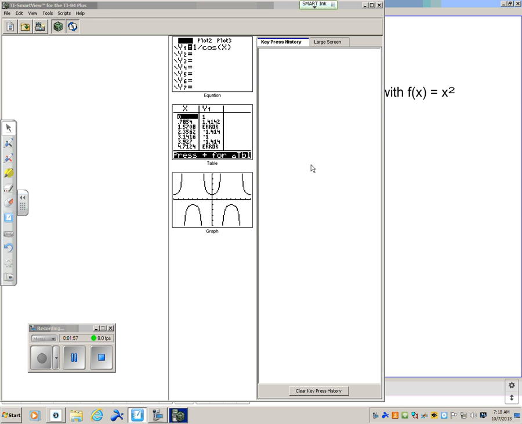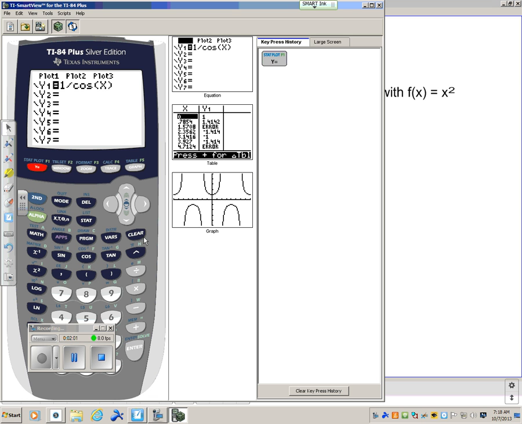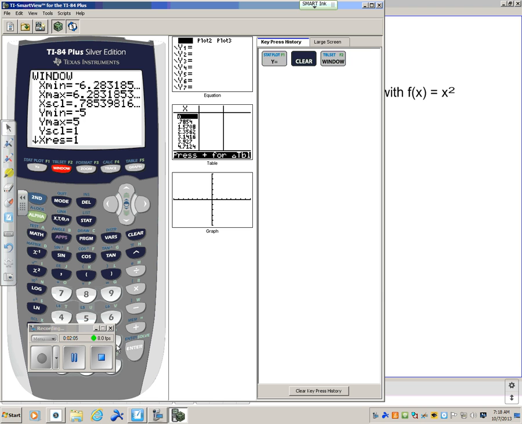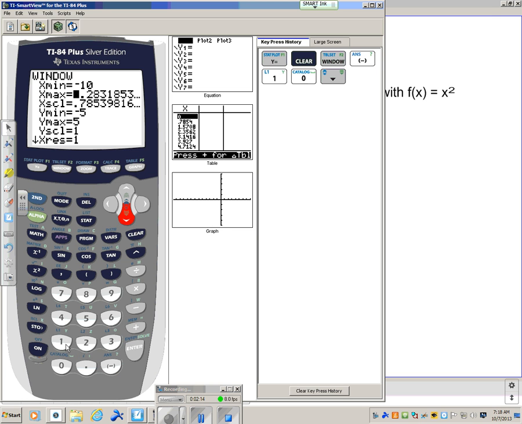There it is. So what I'm going to do is go to my y equals here, and clear this out of here. And my calculator is all set up. I'm going to my window here, and I'm going to reset that. I'm going to say -10, 10, 1.